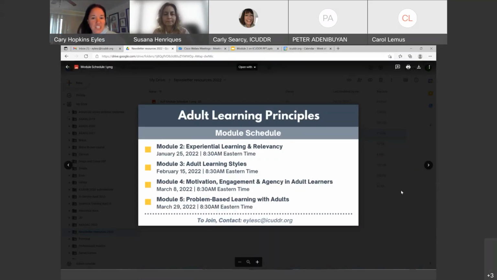Then we're going to talk about motivation, engagement, and agency in adult learners, so getting people to really care about what we're there to work on. You can see these are all the same time: February 15th for Module 3, March 8th for Module 4, and March 29th for Module 5. And Module 5 will be problem-based learning with adults.